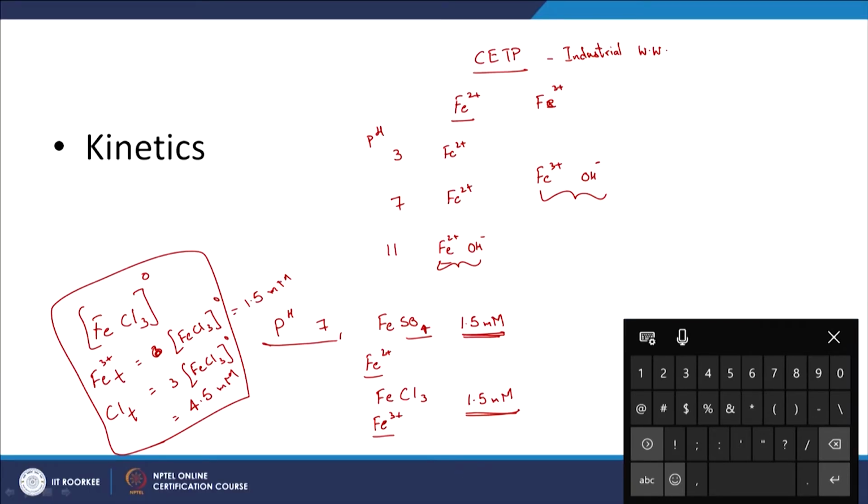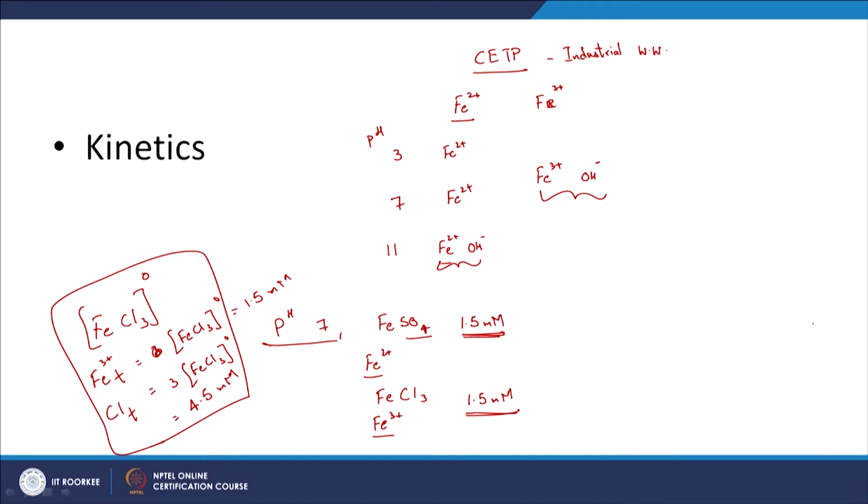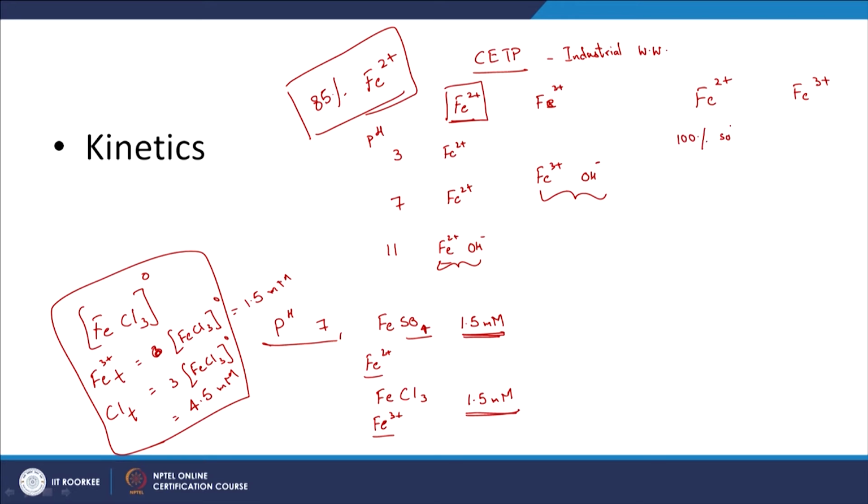Let us see why this is relevant now. Keep in mind that earlier the CETP personnel was plugging in Fe2+, and we see that with Fe2+, most of it would stay as Fe2+. Let me write it down here: Fe2+ and Fe3+. 100% is soluble, and 85% of that particular soluble species are present as Fe2+.